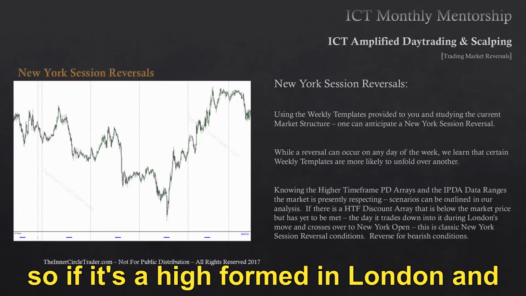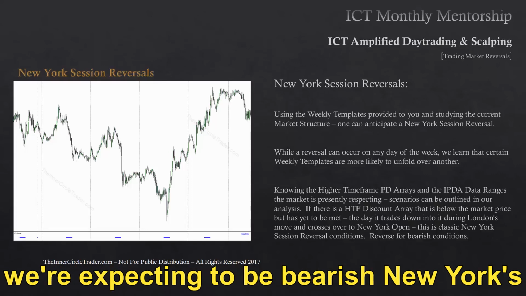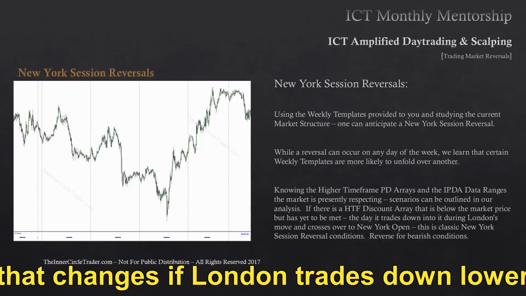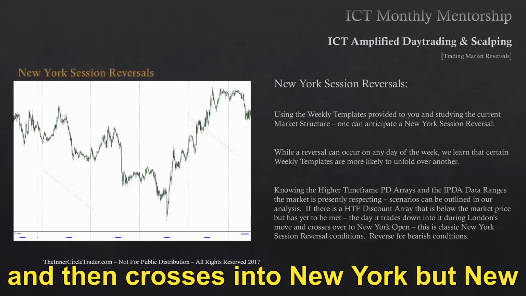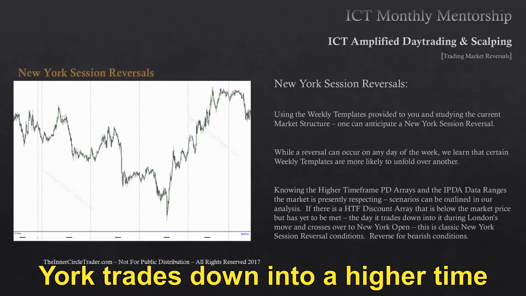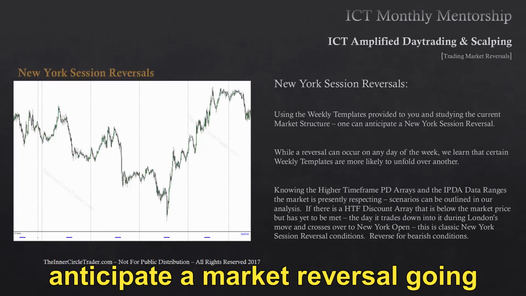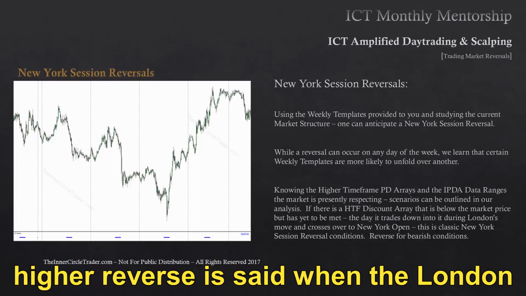So if a high formed in London and we're expecting to be bearish, New York's going to be a continuation. That changes if London trades down lower and then crosses into New York, but New York trades down into a higher time frame discount array. Anticipate a market reversal going higher.